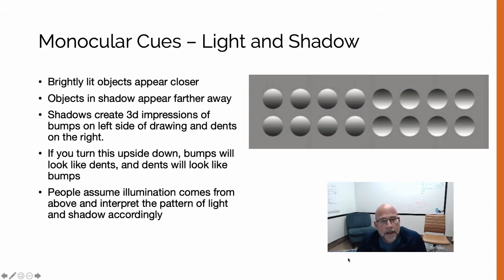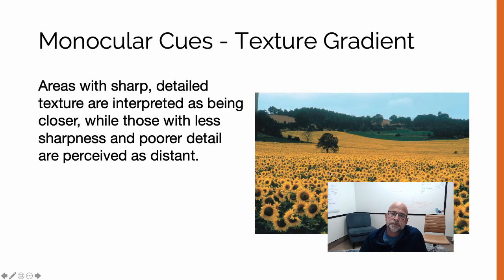Another involves light and shadowing. So brightly lit objects tend to appear closer to us, and objects in shadows appear farther away. So that is kind of represented in this image here on our right. There are also issues like texture gradient.